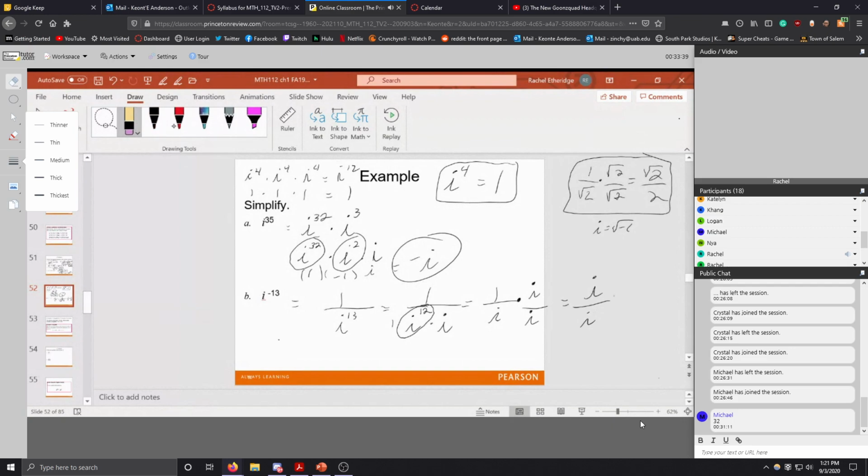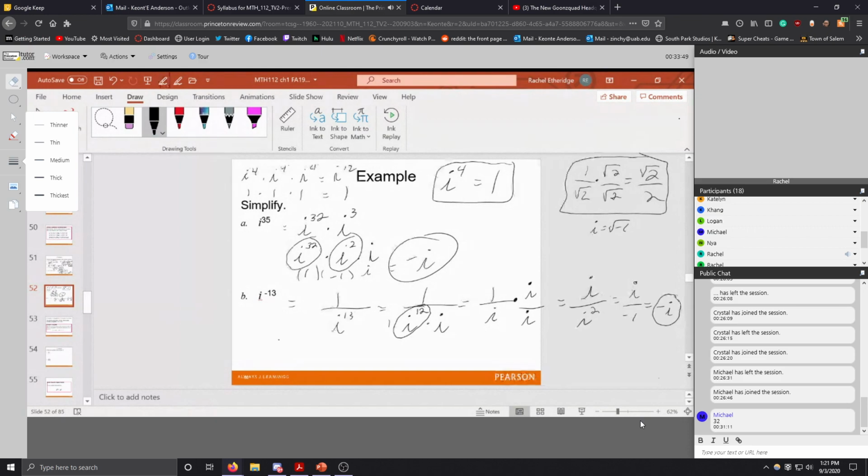So i over i squared, that's going to give me i over negative 1, which is just negative i. So remember, all I did right here was rationalize the denominator, just like we've learned to do in the past with a radical. It's just i is a little easier to work with than a radical sometimes.